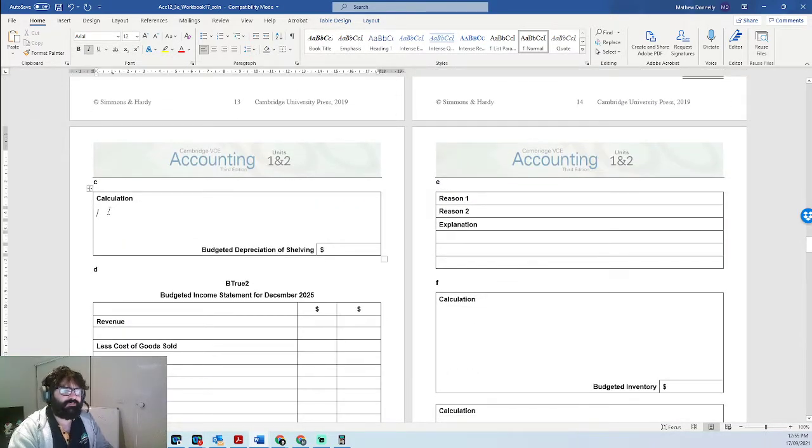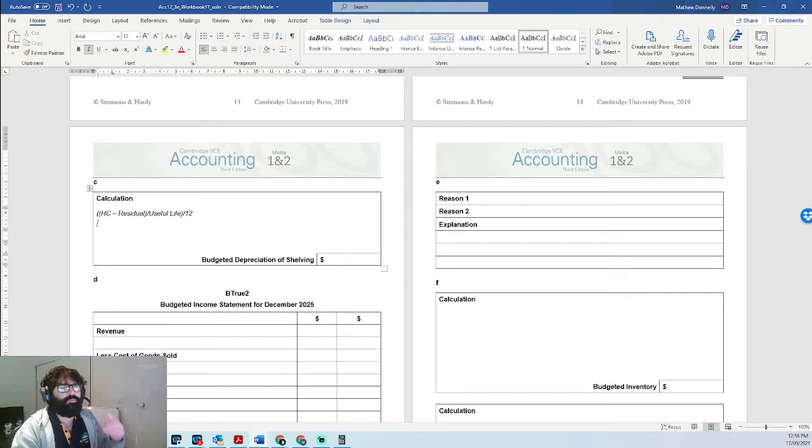So let's do our shelving depreciation. Where was it? Useful life of 5 years. So we want HC minus residual over useful life. And then we got to do a double bracket. Hooray. And then we divide that whole answer by 12, because it's for 1 month, we're doing it for the whole year. So historical cost was 10,000.